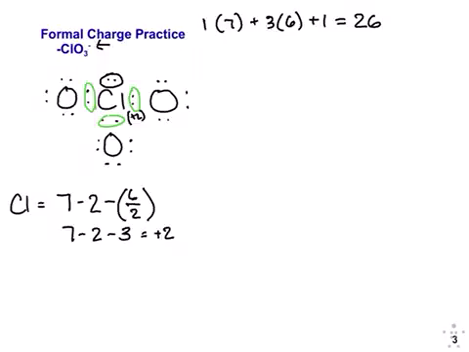And so when we do that, we have to look at, are any of these elements able to expand their octet at all? Is it either chlorine or oxygen? Yes. And which one can? Chlorine. Because chlorine is in the third period, and elements in the third period have the ability to have an expanded octet. That was part of yesterday.